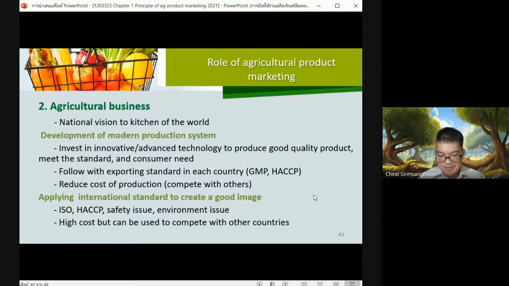We have invested a lot in a good quality system in order to export good products, both fresh agricultural products and processed agricultural products. And we need to reduce the cost of production in order to compete with other countries, and apply standards that meet the world's requirements.